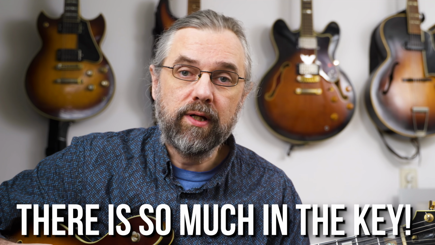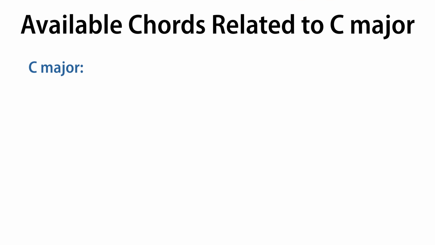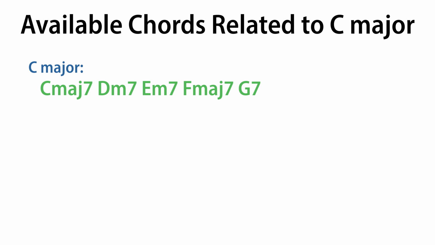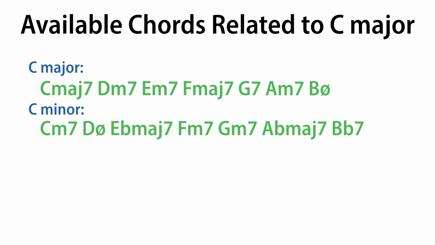When I'm coming up with the chord progressions, I'm still pretty much relating everything to the key of C major. So I am in general pulling from C major and C minor. That will give me these diatonic chords to use. C major 7, D minor 7, E minor 7, F major 7, G7, A minor 7, B half diminished. C minor 7, D half diminished, E flat major 7, F minor 7, G minor 7, A flat major 7, B flat 7.